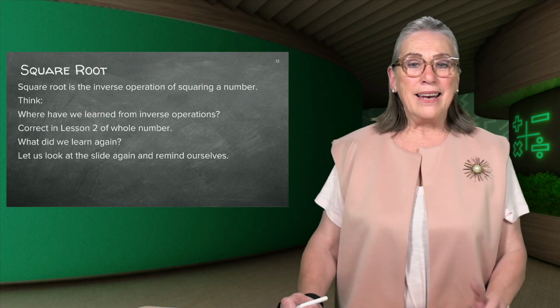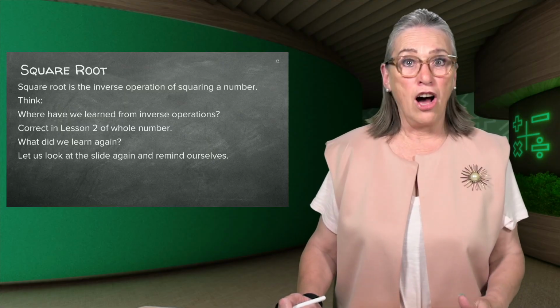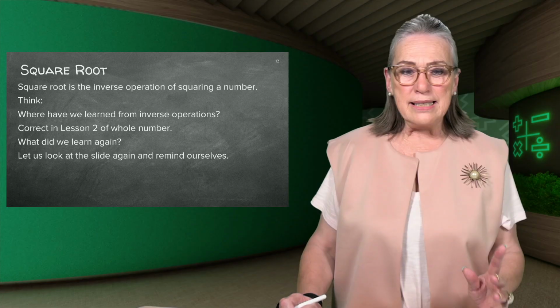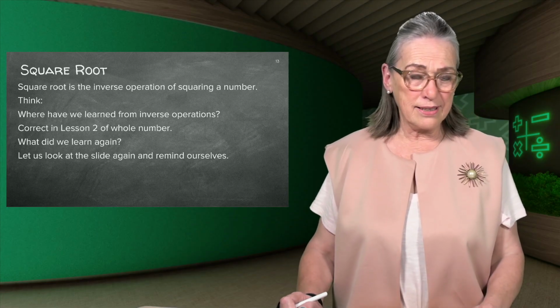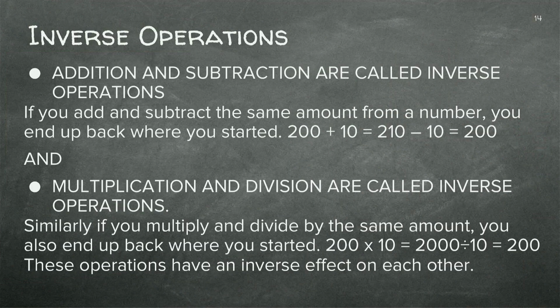Now, you can remember, I hope, we did this in lesson 2, inverse operations, right? So I'm going to quickly remind you of that slide. Remember, addition and subtraction are called inverse operations. Can you remember what that means?